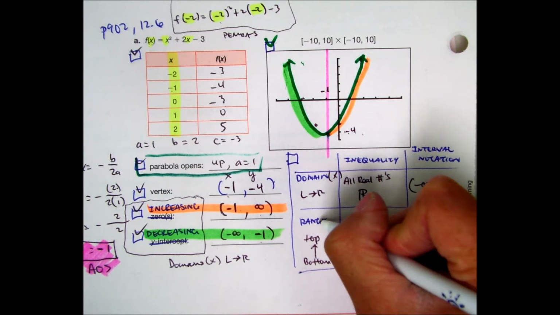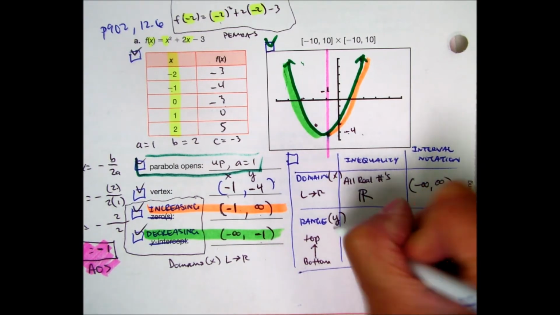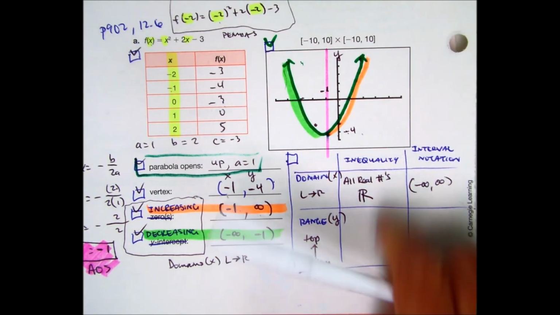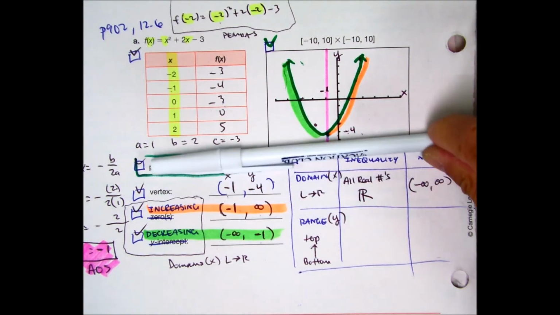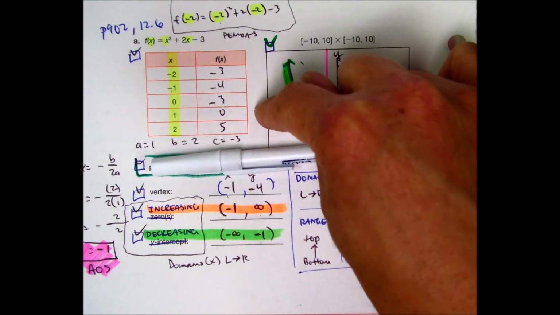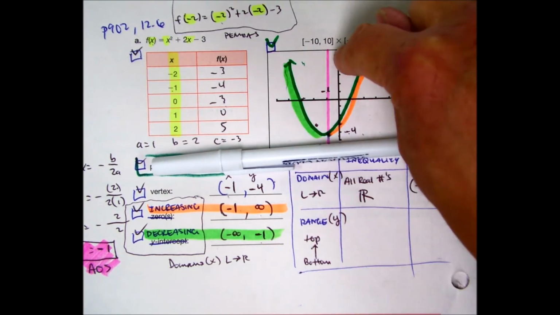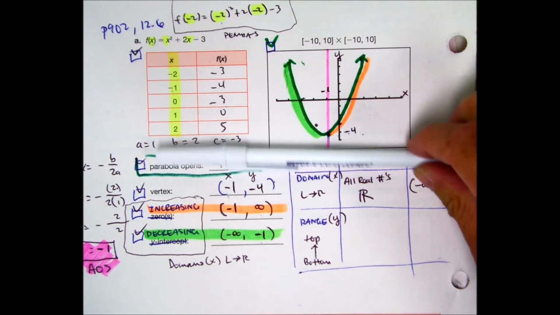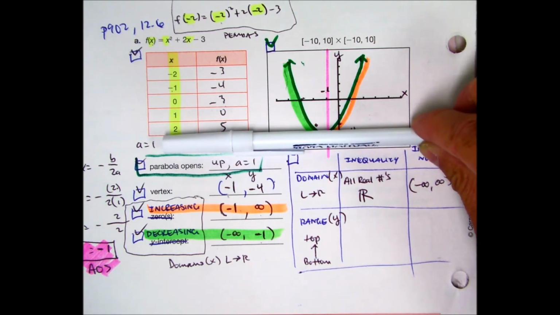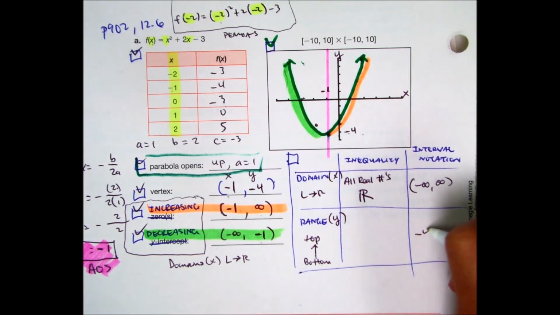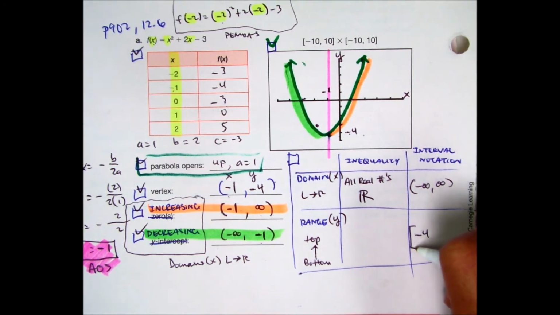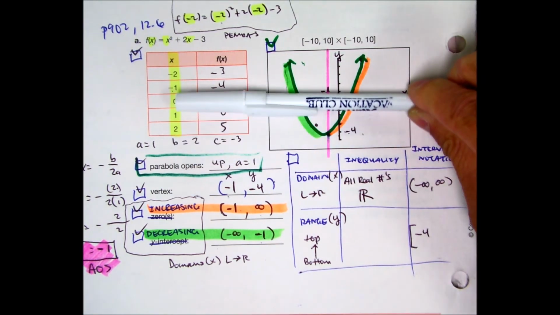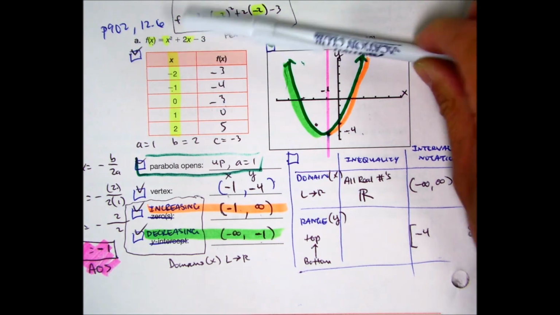Remember, the range is the y values, the y-axis. You're not looking at that number. That's the x-axis. So when I'm coming up here, try to disregard the axis of symmetry and the x, and you're just focusing on the y number line. So that's -4. And I'm going to include that number. And what's the last thing I touch, class? Positive infinity.